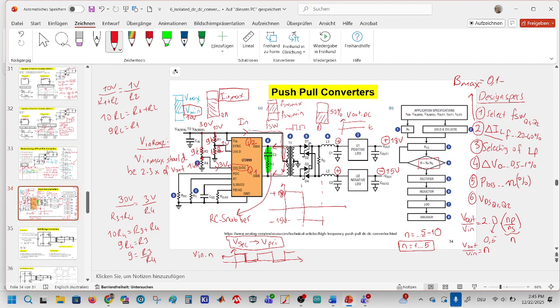For example, if you use a ferrite core, you will have another Bmax, or if you use, for example, an iron core, the Bmax would be higher compared to the ferrite.